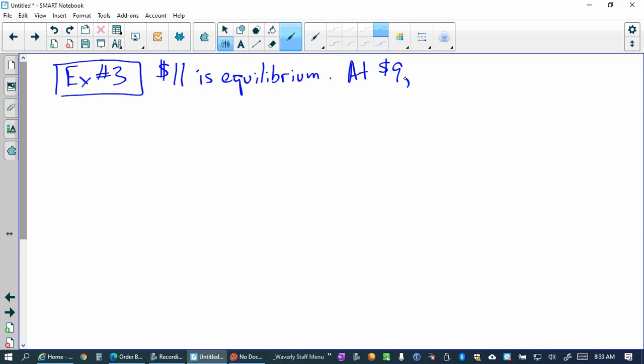So demand exceeds supply, right? Or the other way around, you could say supply is less than demand, right? So we'll just say demand exceeds supply.